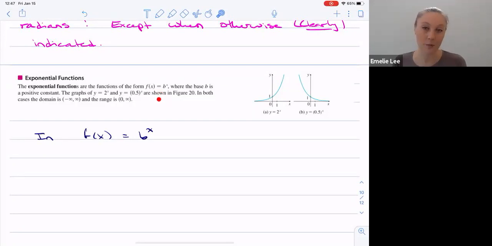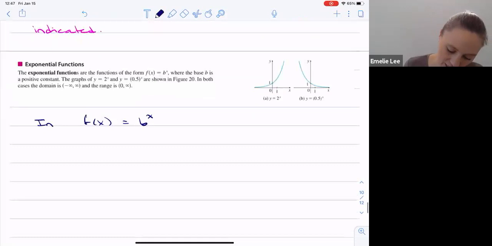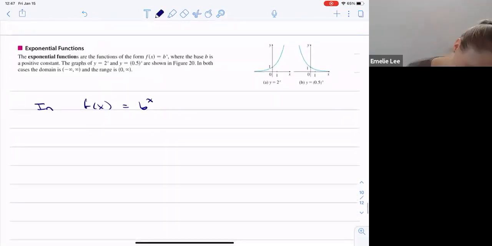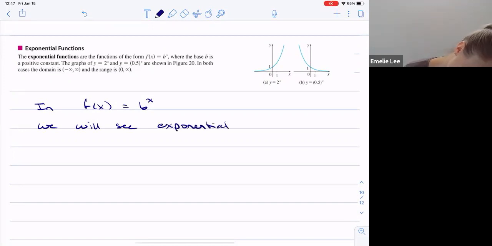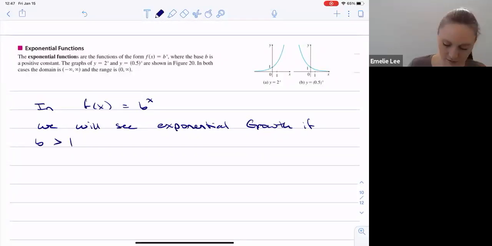Here, the x is actually in the power, and we've got some base. We will see exponential growth if b is larger than 1. It can't be 1 because then it's just a constant.